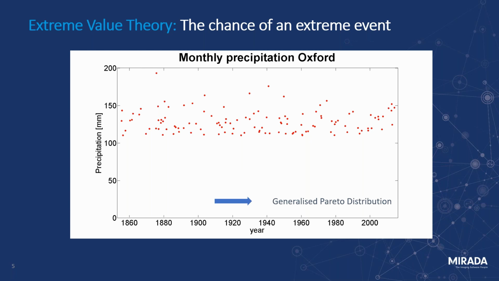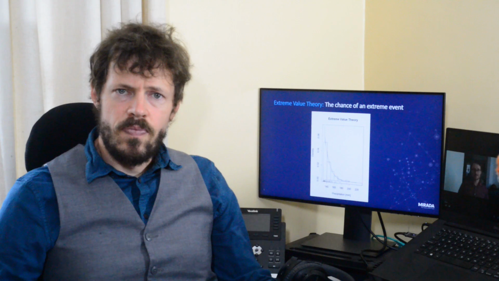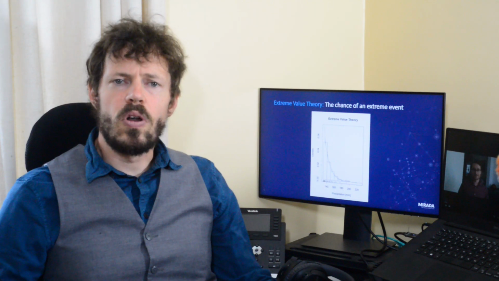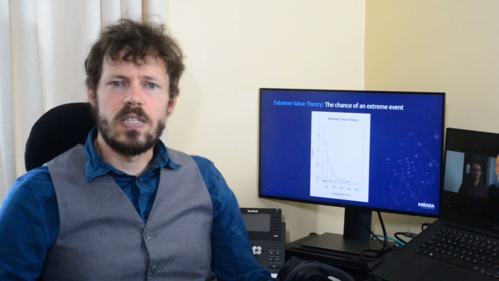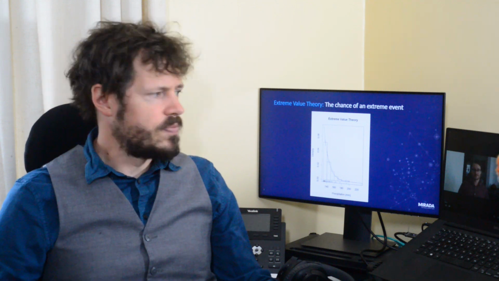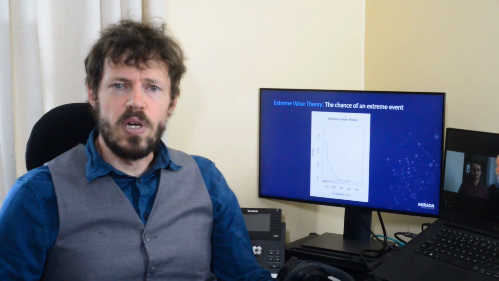So we can take these extreme events, fit the Pareto distribution to them, and estimate the probability density for those events. Now we can start to look at what once in 100-year rainfall looks like based on the probability density. What is our expected once in 100-year rainfall? For Oxford this turns out to be about 190 millimetres per month.